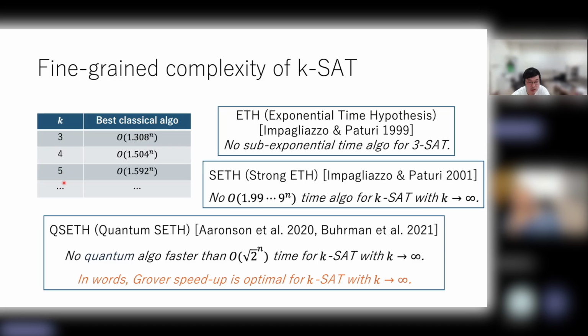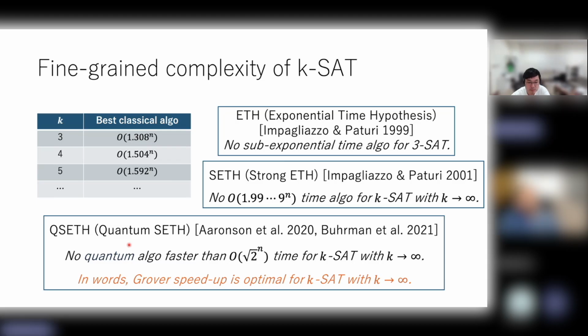We can increase the constant k, and SETH says with very large k, 2 to the n time is optimal. The 2 to the n time algorithm is very trivial, right? We can just try all the assignments.